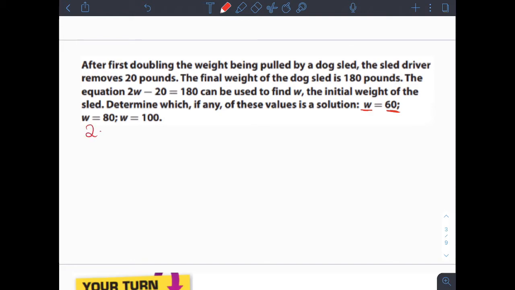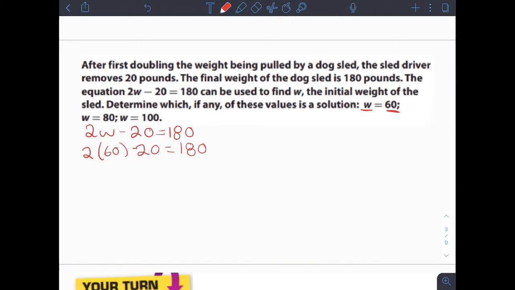You grab your equation. I'm going to rewrite my original equation here so I know what I'm working with, and then I'm going to replace my variable with the number they gave me, which in this case was 60. And from there, you just work it like a normal operation, follow your steps.